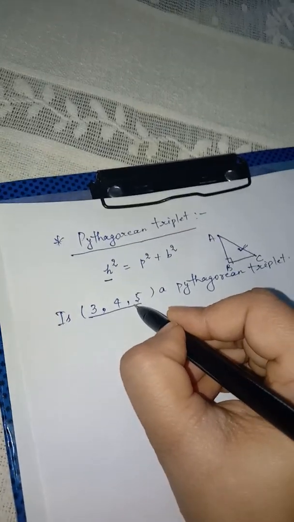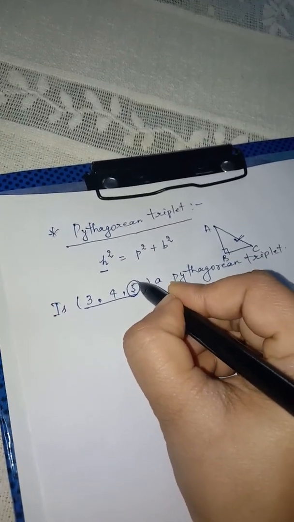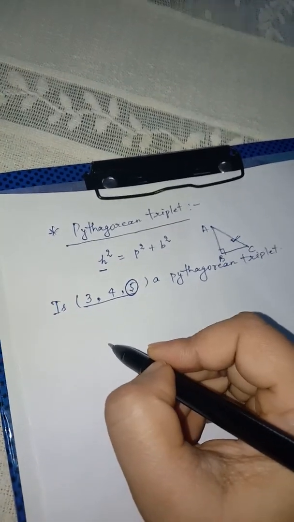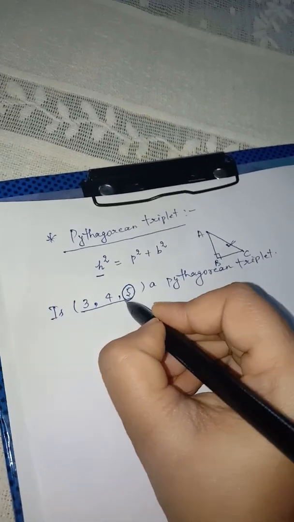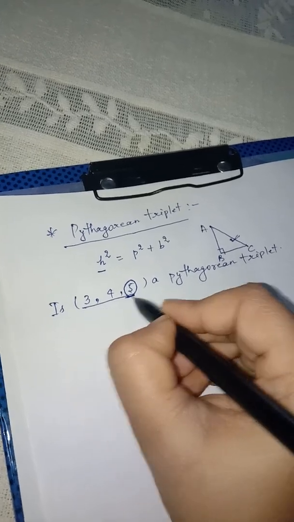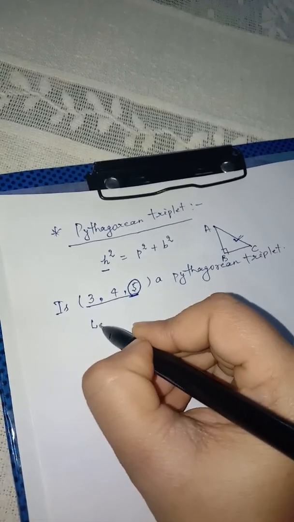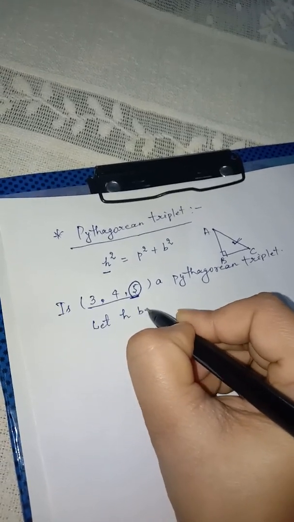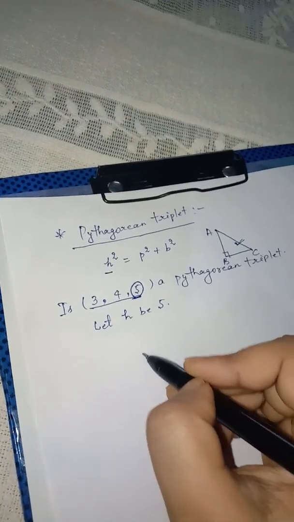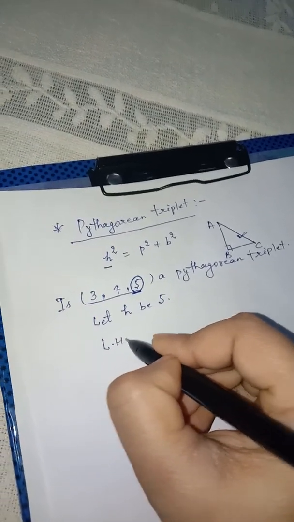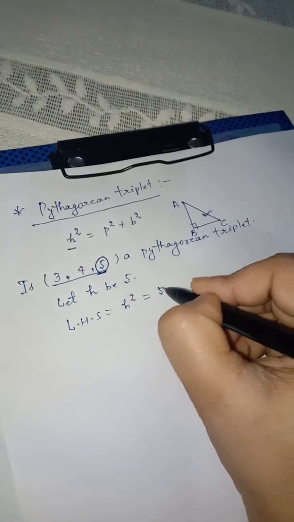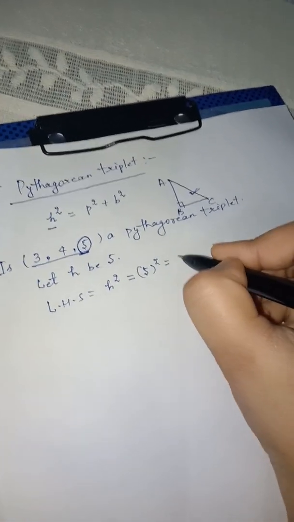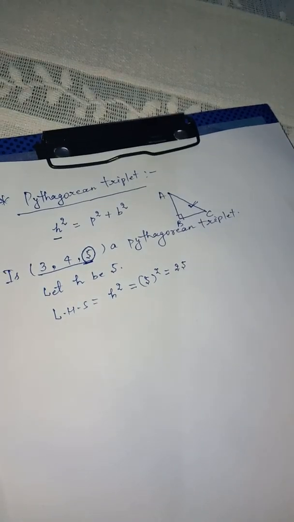Firstly, choose the greatest number among them, and let h be 5. Now LHS h square means 5 square, and 5 square gives us 25.